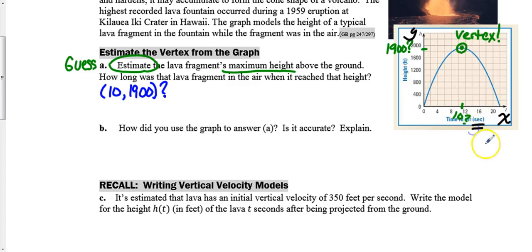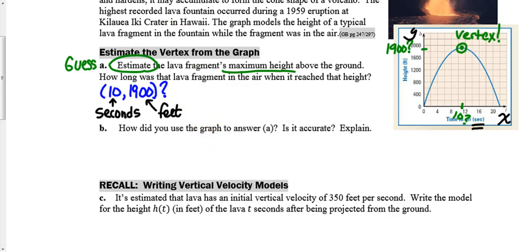I see time, and time is being measured in seconds. Then when I look at the y values, what label do you see there? I see height, and it says measured in feet. So I know that this means feet.